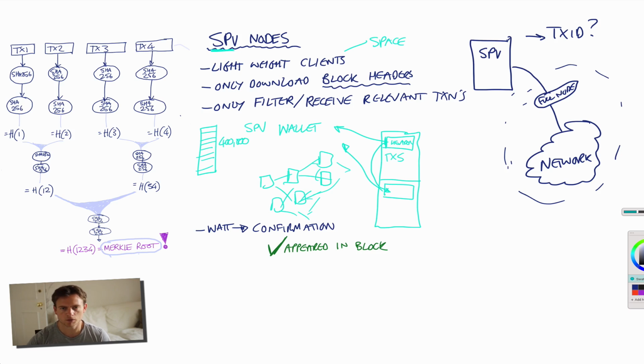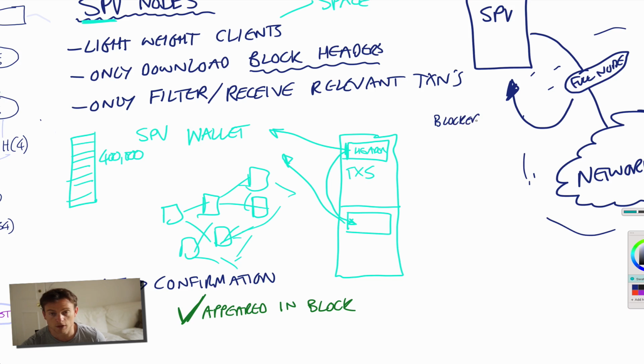And the full node, which obviously has a full copy of the current blockchain, will send back to the SPV node the block header in which the transaction is actually found. So the full node looks in its blockchain and says, okay, where is this transaction in the blockchain?